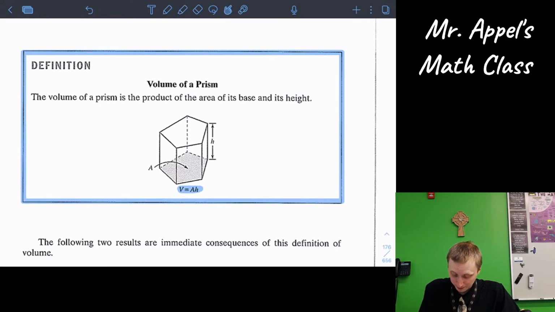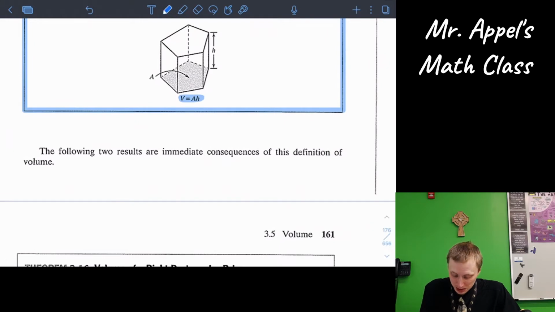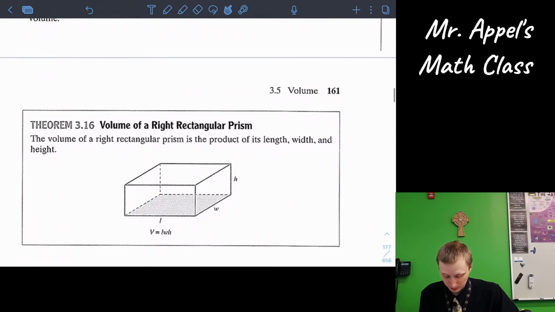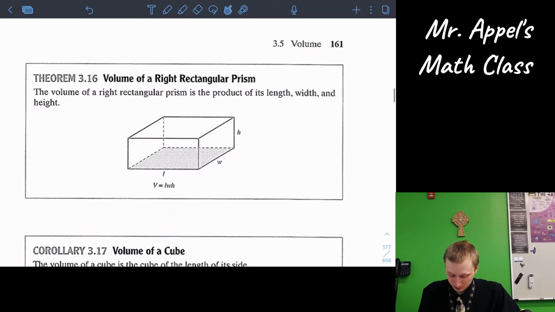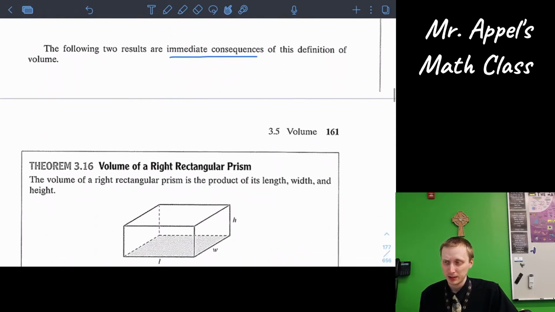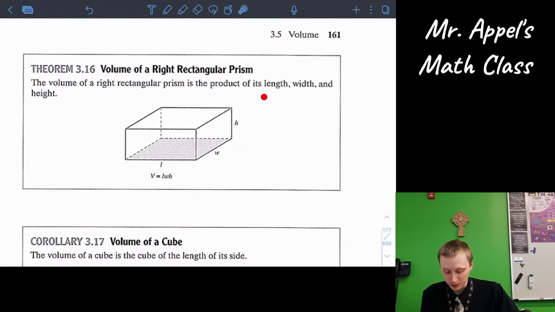All right, the following two results are immediate consequences of this definition of volume. So we get kind of shortcuts thereof. Generally, this is any prism, and thus we can say the volume of a right rectangular prism is the product of its length, width, and height, because the volume of that base face is the length times the width.